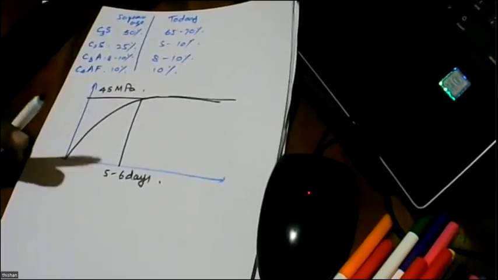Today it's about 65 to 70%, 5 to 10%, 8 to 10%, and 10%. So if you look at the strength development curve, we'll get a very rapid development of strength, and the chances are that after about 5 to 6 days, we can expect a strength of 45 megapascal.